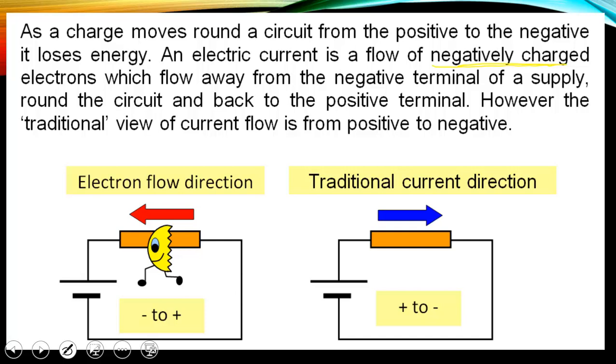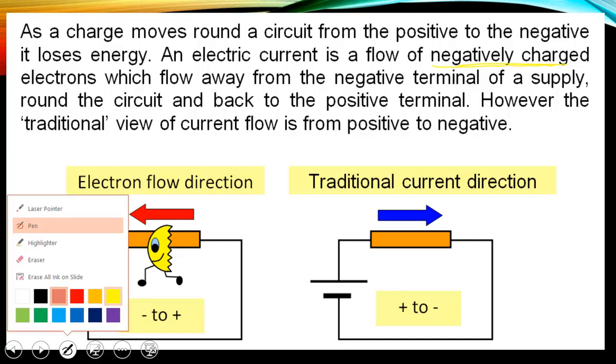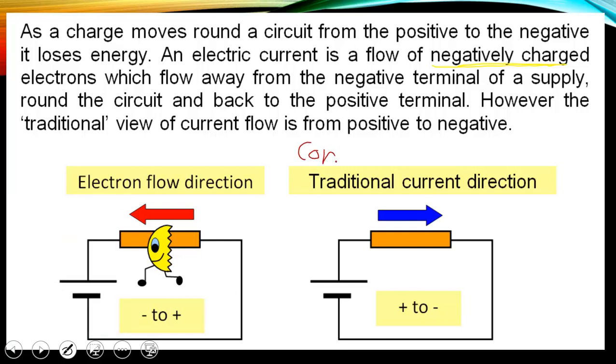However, the traditional view of current is flow from the positive to the negative. Traditional current can also be called conventional. So traditional current direction means conventional current direction.